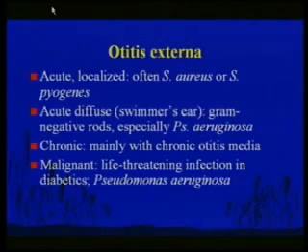Swimmer's ear, Pseudomonas. Pseudomonas is a water bug. So swimmers get Pseudomonas. In the skin lecture, we look at how people who use whirlpools may get folliculitis due to Pseudomonas. So put swimmer's ear, acute diffuse otitis, Pseudomonas aeruginosa.